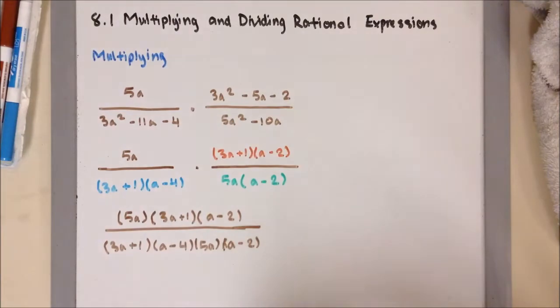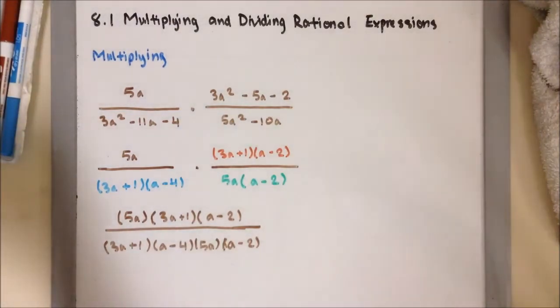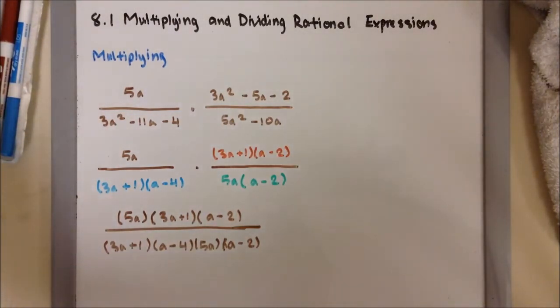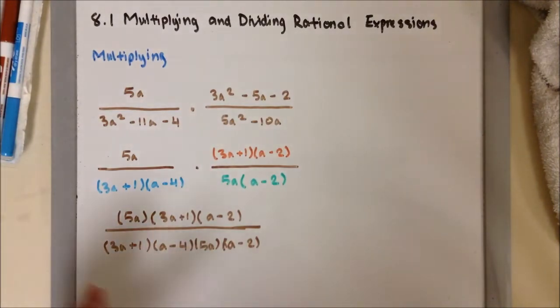Okay, so I put the factors next to each other, meaning I combine the numerator with numerator and denominator with denominator. Next, I'm going to simplify by dividing common factors.